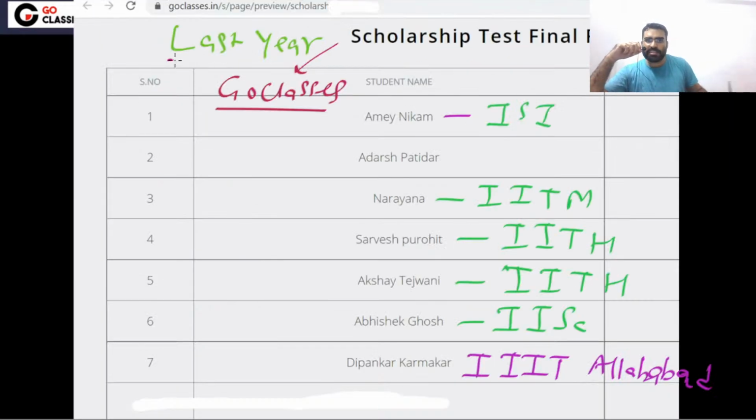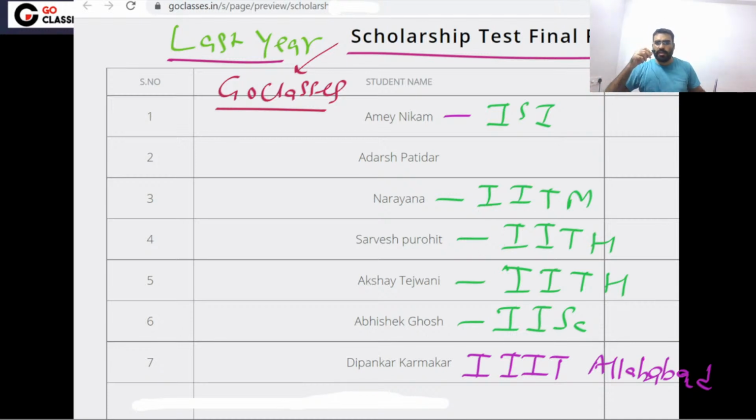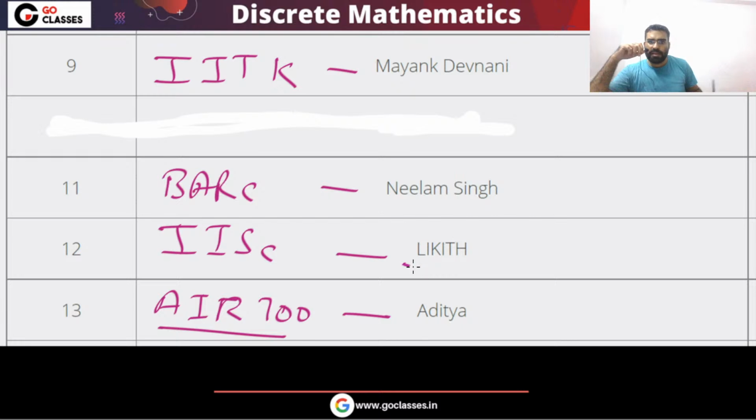So you can notice last year's Go Classes scholarship test toppers are in very brilliant institutes: ISI, IIIT Allahabad, IIT Madras, IIT Hyderabad, IISc Bangalore. Likhit is all India rank 82 and he is in IISc Bangalore.